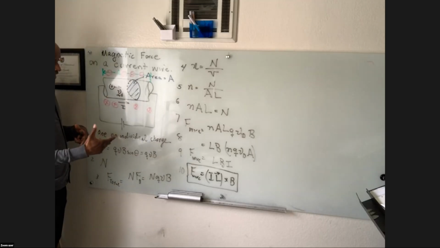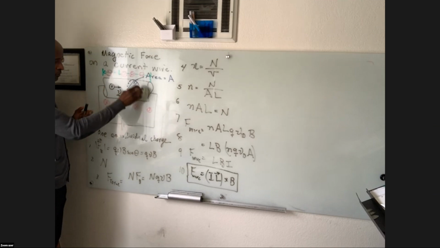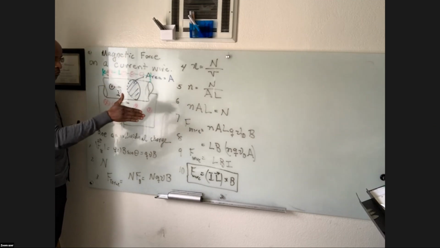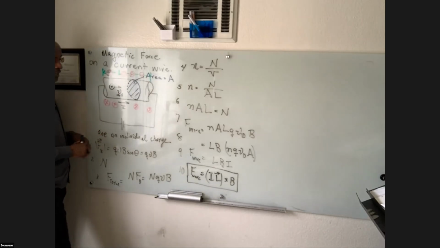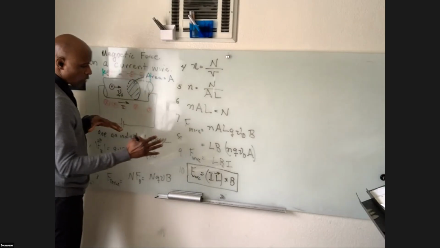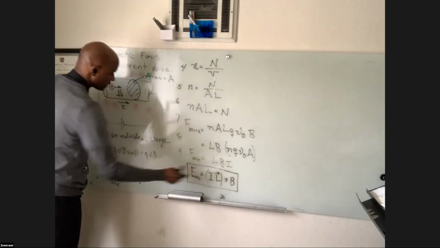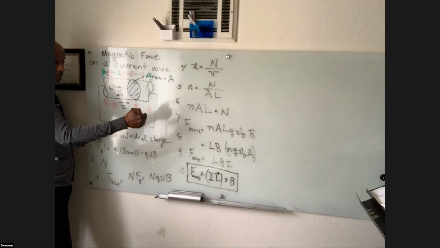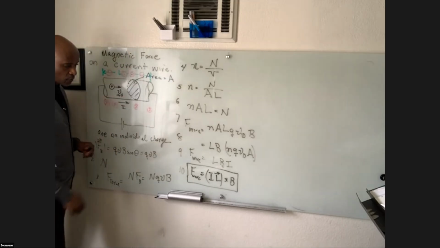So the net force on the wire is really just a vector sum of all the forces on the individual charges. But if a positive charge has a force up, then the wire itself should be up. So again, looking at it from the point of view of the wire, you take the direction of L, the length of the wire, from the direction of current through that wire. So L cross B, up, is going to be the direction of the force.